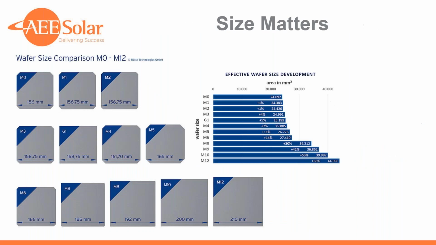So what do these look like? And pardon my boyish humor here, but size matters, frankly, when thinking about crystalline wafers. So I borrowed this from Rena Technologies, who is a wafer manufacturing supplier. You see here, and these are scaled, some of the differences between M0 from the early 2000s, M1, M2, you can call it 2012, M4 that's fairly popular now, and then M6.